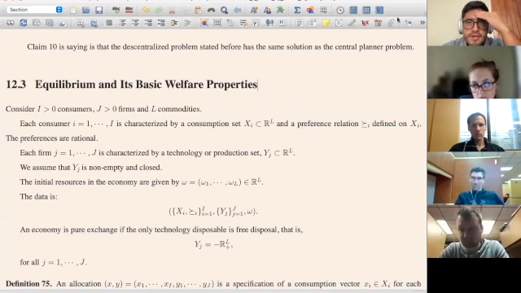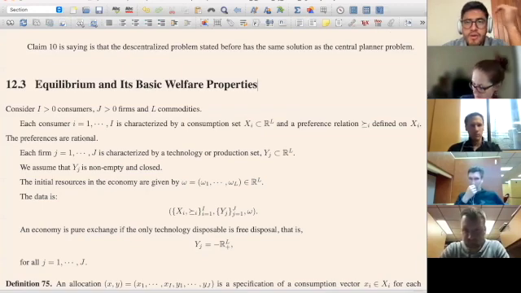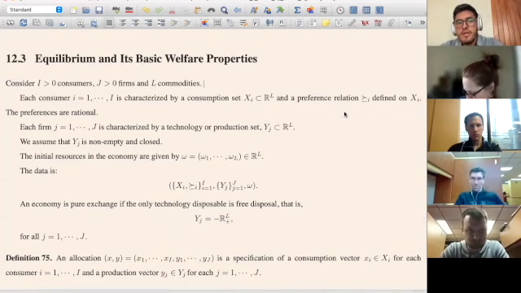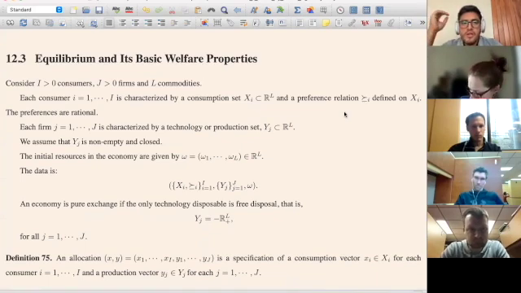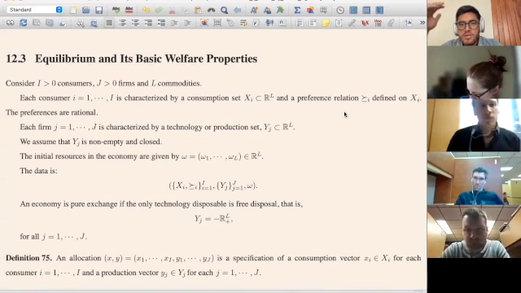Okay, so we have this thing here of the equilibrium and its basic welfare properties. What we have right now is that we're going to have I consumers, J firms and L commodities. We're going to take the Edgeworth box and blow it up, so we're going to make it super general. We're going to have capital I consumers and L goods, not only two consumers and two goods.